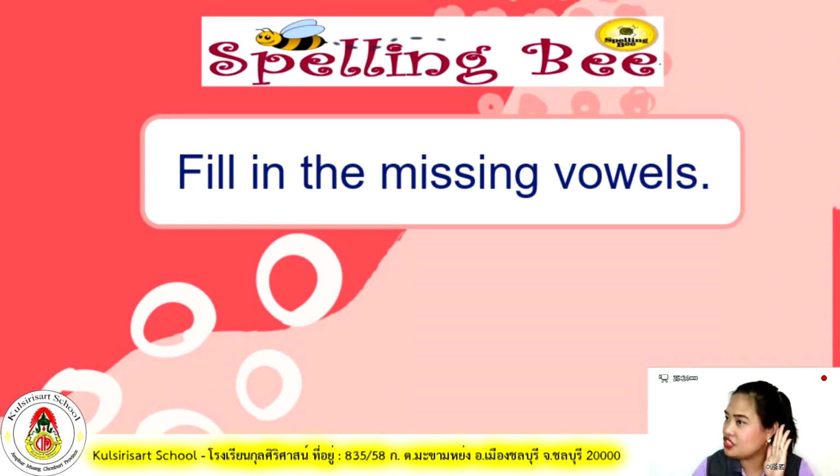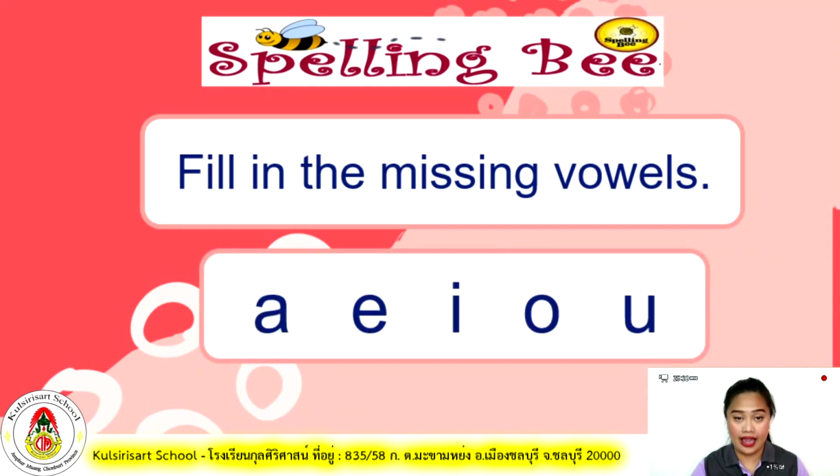Can you say it to teacher? Okay, now let's learn about the 5 vowels. We have here A, E, I, O, and U. One more time, A, E, I, O, and U.